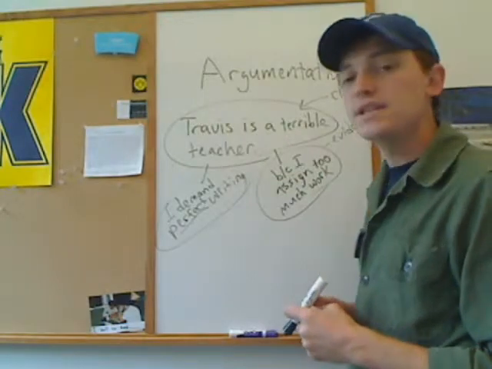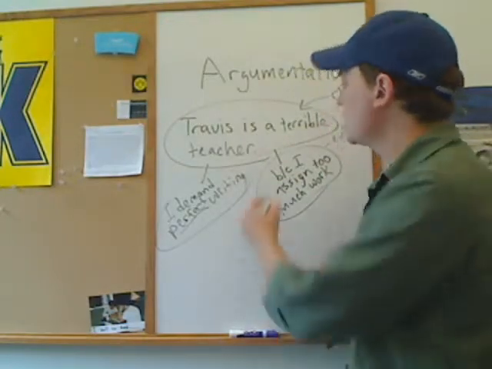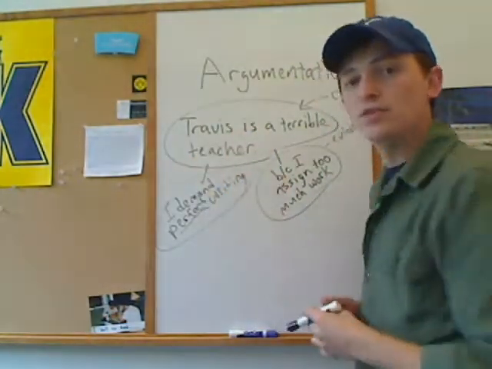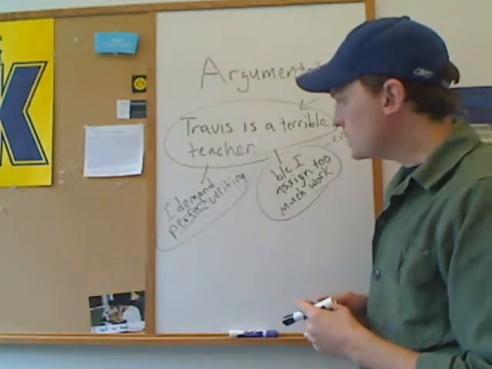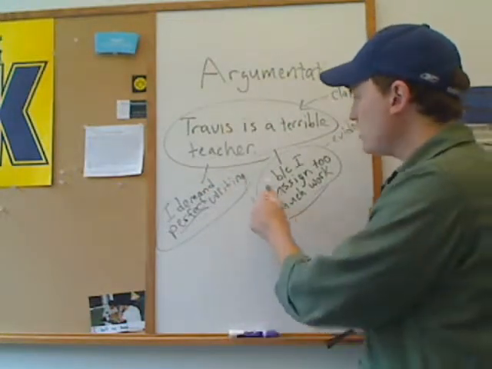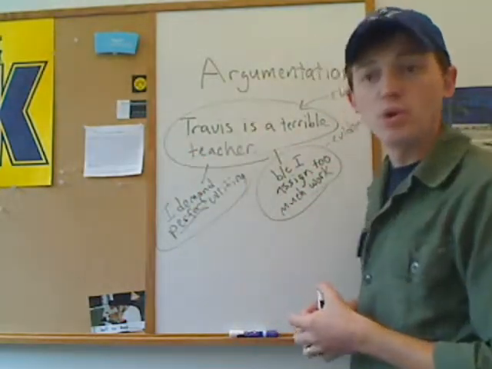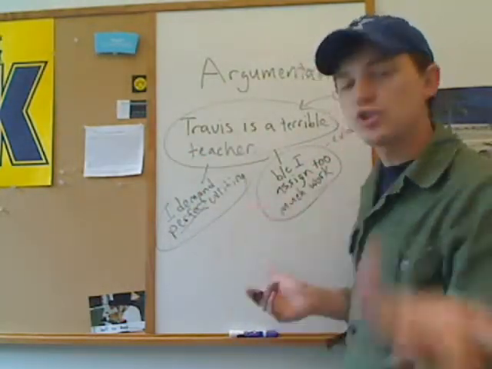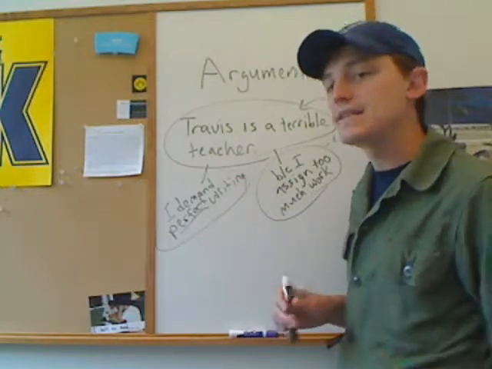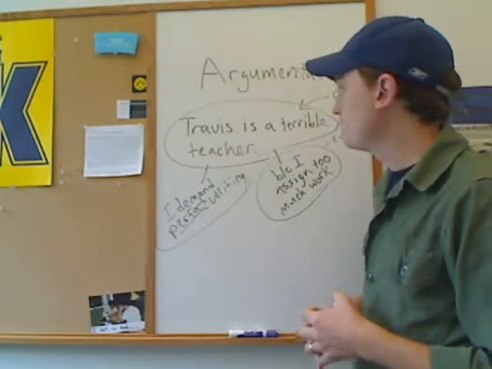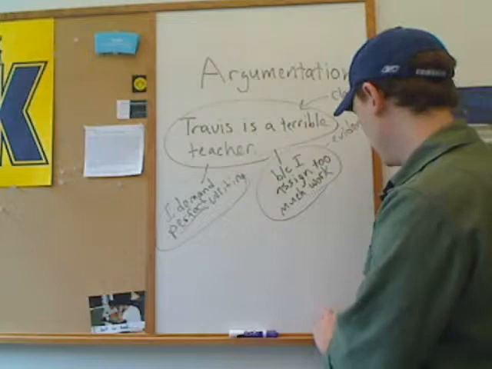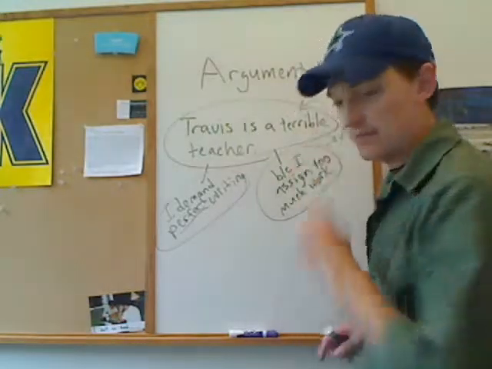So logic simply sets up rules that we use to do this kind of thing in a valid way. Logical fallacies are when our evidence doesn't match the claim, or there's problems or holes with both or either. So that's what a logical fallacy would be in its most basic sense, according to the rules of logic. So there you go with argumentation. That's a basic walkthrough of argumentation.